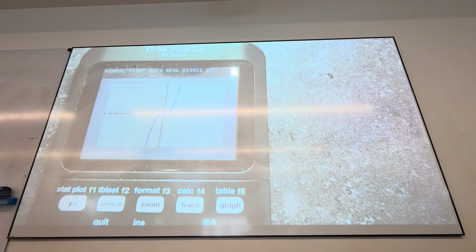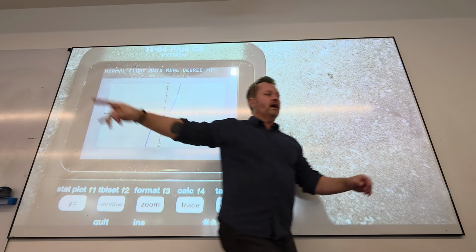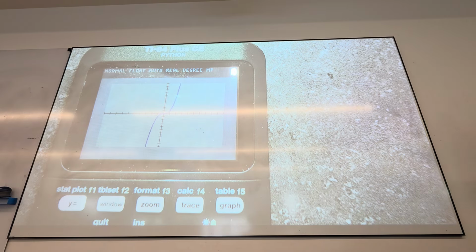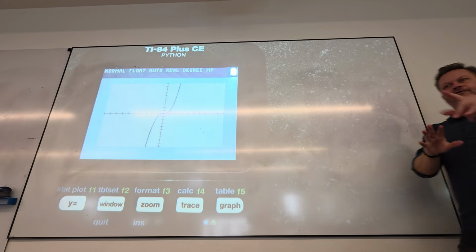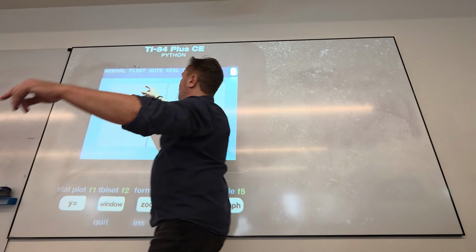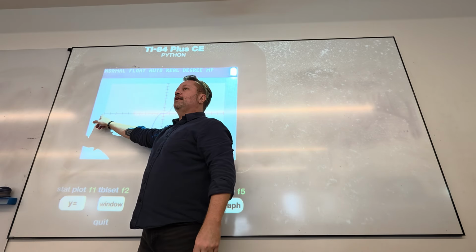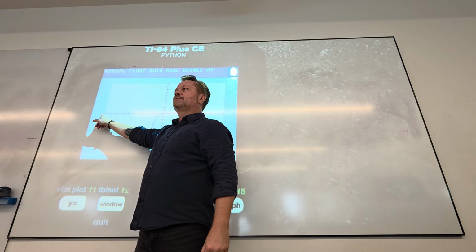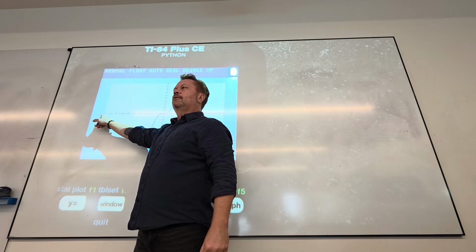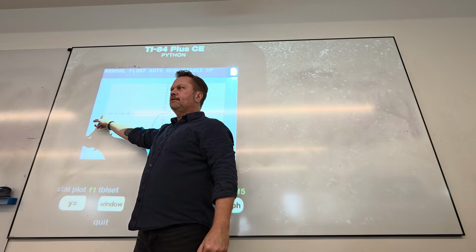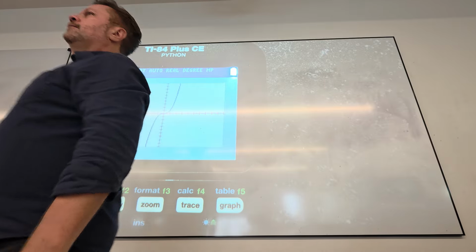I'm zoomed in. I'm not seeing far up enough and down enough, yes? What's the function again? X cubed. Where's the output then for negative 10? What do you get when you plug negative 10 into y equals x cubed?